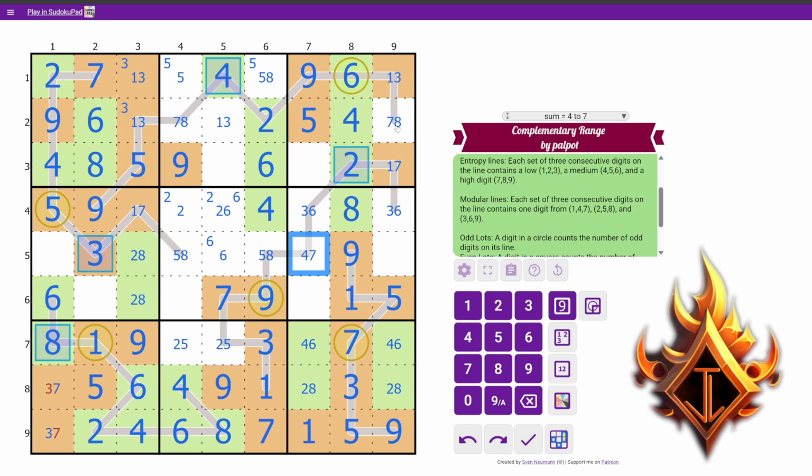One is over here somewhere. One, 3 combos making that 7. Seven, okay. 7 will be one of those. It can only go here though.